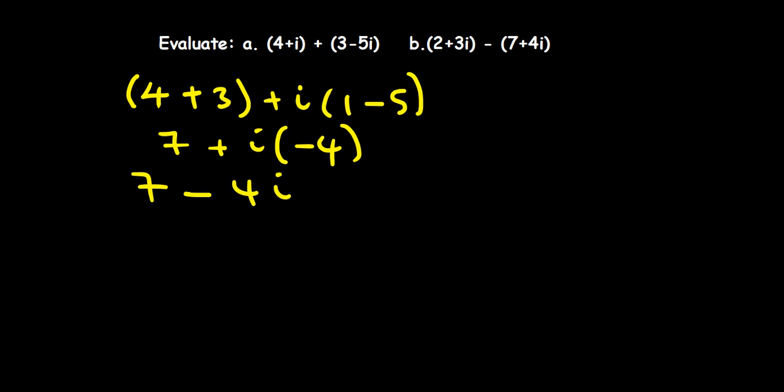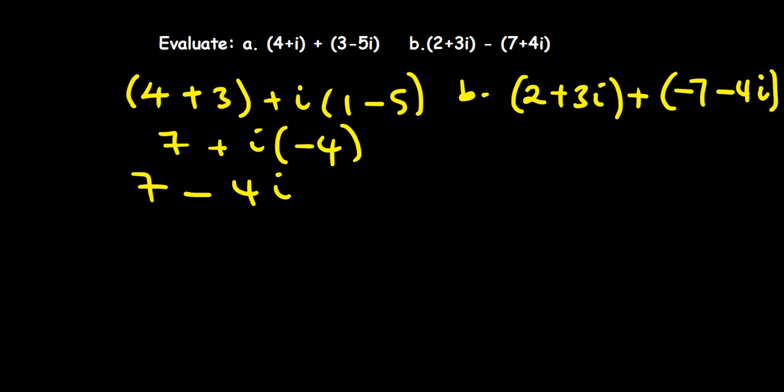Let us do question B as well. So what are we going to do there? We add the same way, just adding the real part to the real part. If you want, you can rewrite this B to be in the form 2 plus 3i. So the minus can distribute such that you have plus here minus 7 minus 4i, like that.